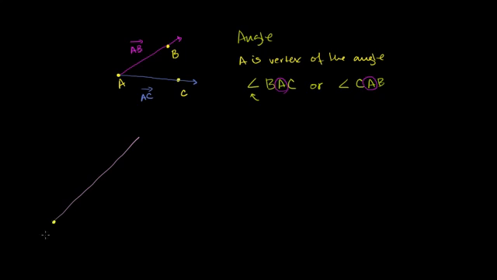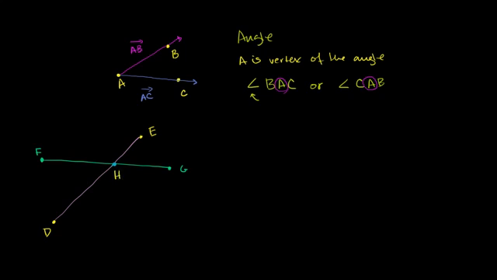So we've already used ABC, so let me call this D and E, points D and E. So this is line segment DE. And let's say I also have line segment FG. And let's say this point where these two line segments intersect, let's call that point H.